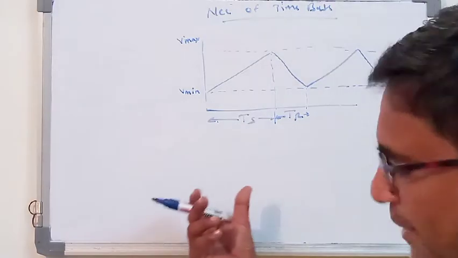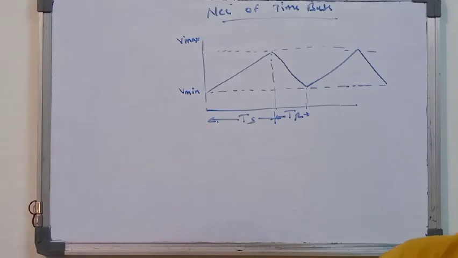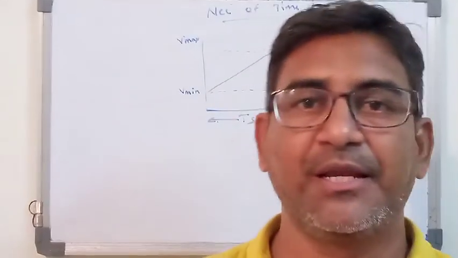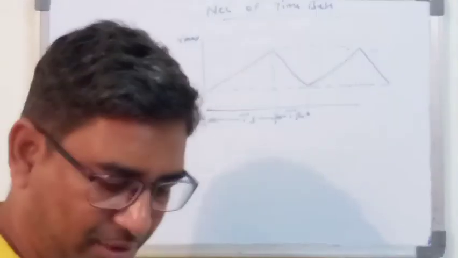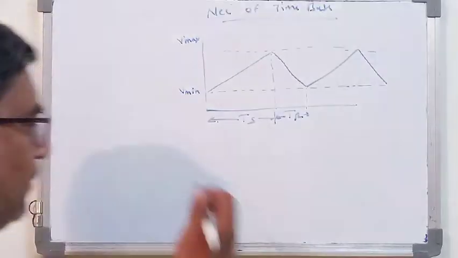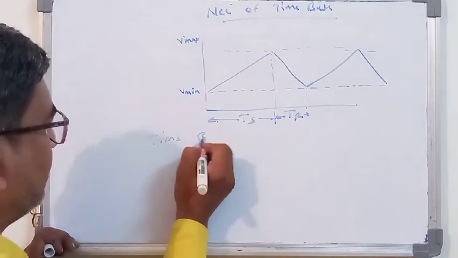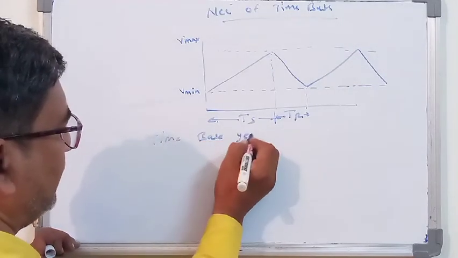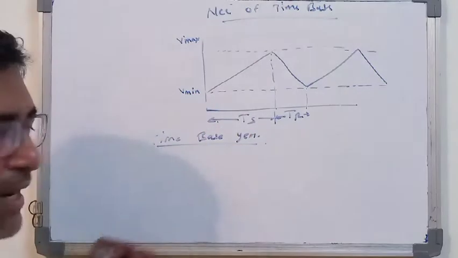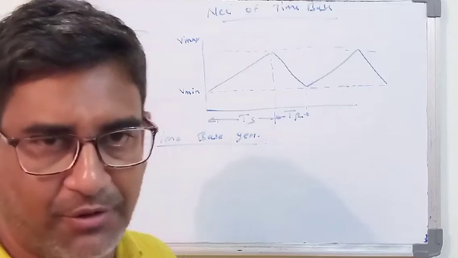Okay, apart from that, you have the time base generator, and that time base generator is also called a relaxation oscillator. We will see that relaxation oscillator. This time base generator is nothing but a relaxation oscillator.